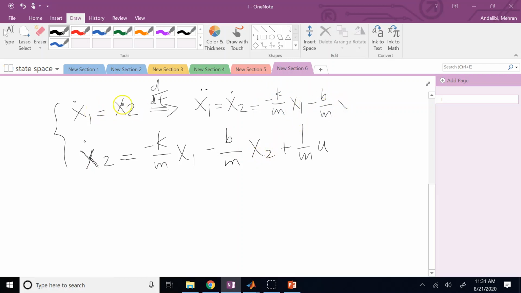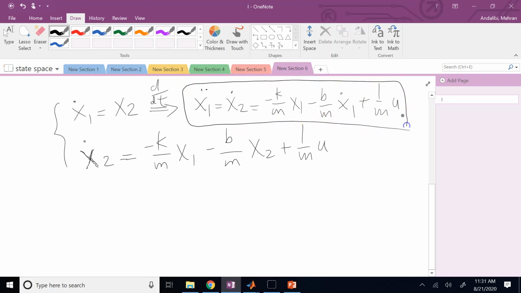And for x2, you replace it with x1 dot and 1 over M u. And if I just neglect this for a moment, that is your governing equation if you just replace x1 with y. So that's the substitution and elimination. It's the same thing, no big deal.